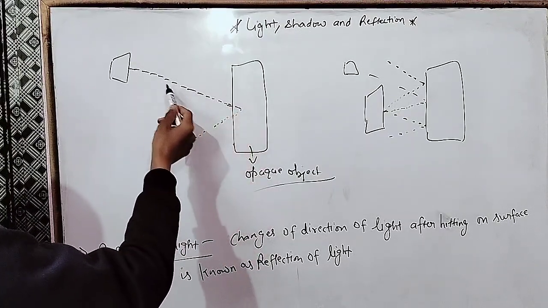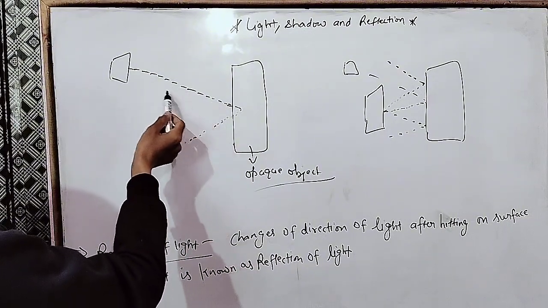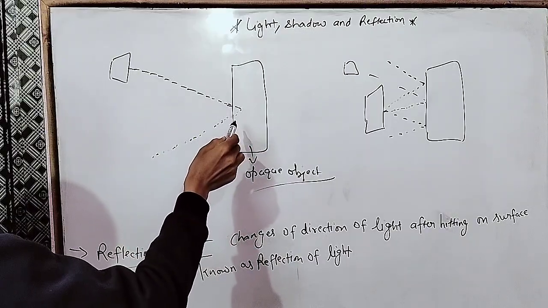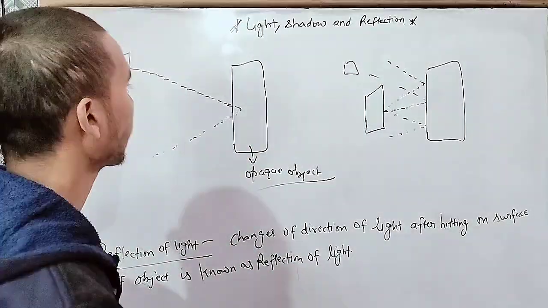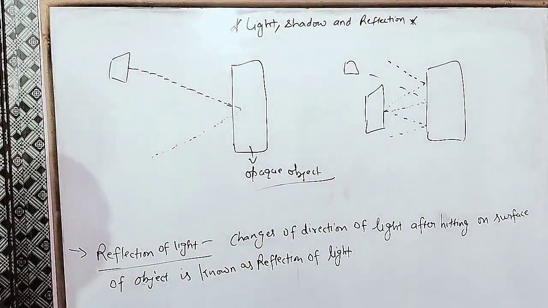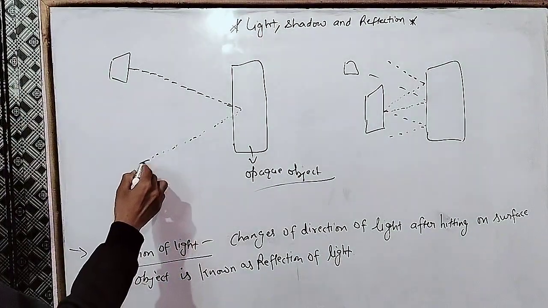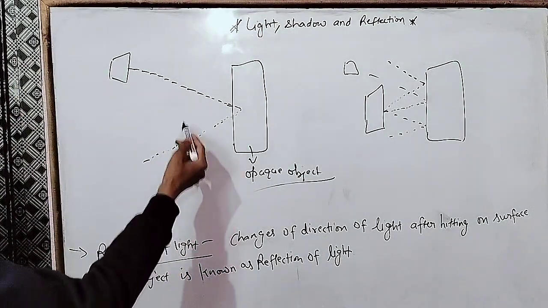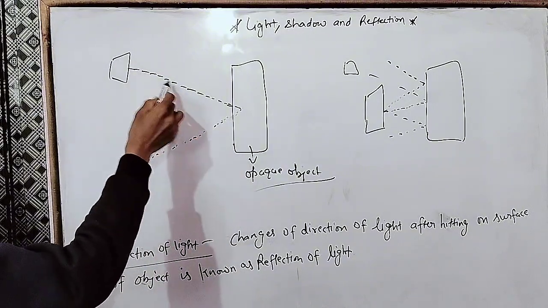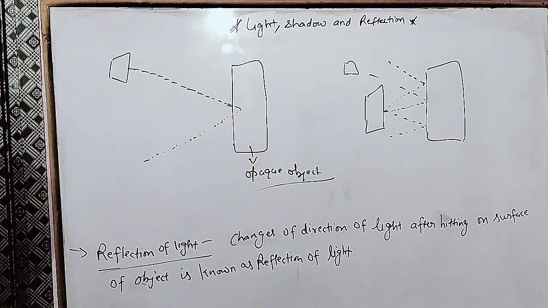In future we will learn that this direction of light is known as incidence, and after hitting the surface, this changed direction of light is known as reflection. So this is not the changed one; this is incidence, coming from the source light. It is not named reflection.